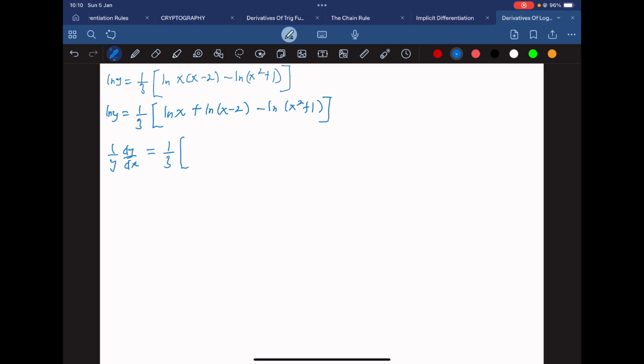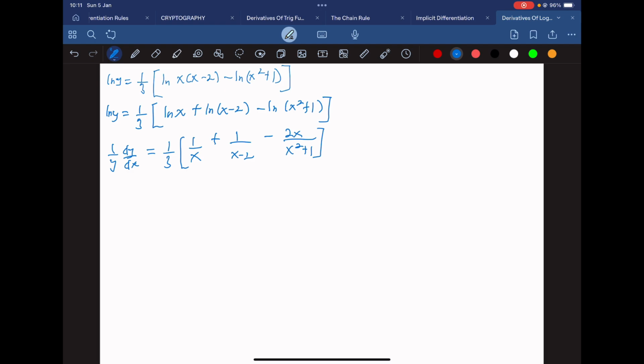If we differentiate ln of x, you just have 1 out of x. If we differentiate this, first of all, differentiate what is inside the parenthesis, you have 1. Then you divide by what is inside. The next one is differentiate what is inside the parenthesis, so you have 2x, and you divide by what is inside, so x squared plus 1.